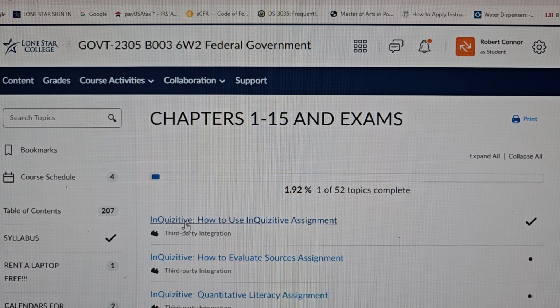Then you have these inquisitives, how-tos. These are what I call the tutorial inquisitives. This teaches you what the inquisitives are about. The inquisitives are associated with each chapter in the book, and they are an exercise that takes you through questions that you answer, and as you answer them correctly, you get points.